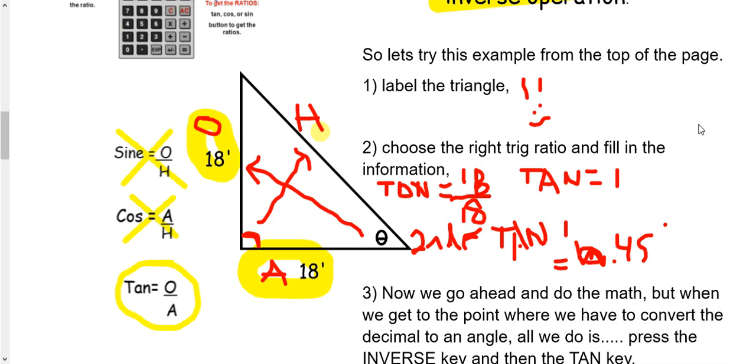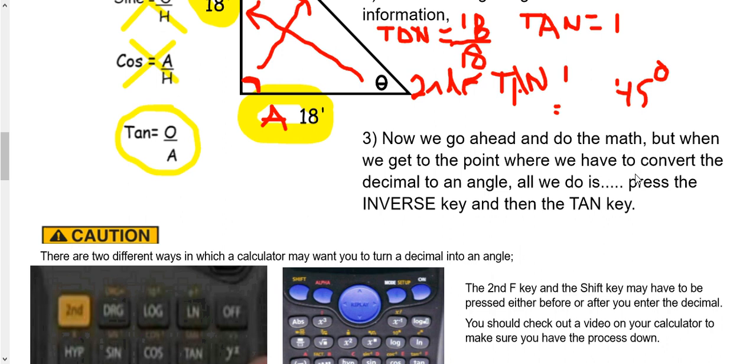Good. So I've got a 45-degree angle. And all I did was put second function tan of 1 to get 45 degrees. Okay, I'll clean this up a little bit because it looks like 0.45. So 45 degrees. Good. Okay, so that was us doing the math.